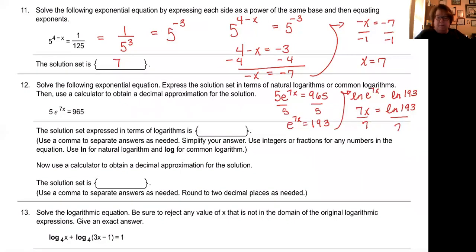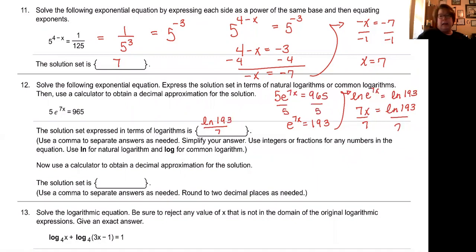And that is the first answer I'm going to input here. So I have the natural log of 193, the whole thing divided by 7. So that's the first answer I input. The second answer I'm going to input is the decimal approximation to this.